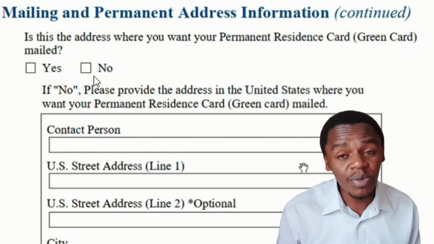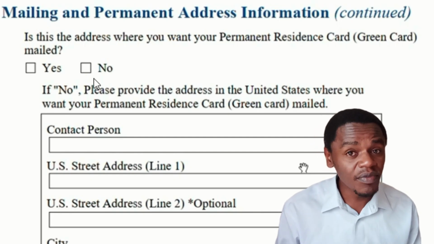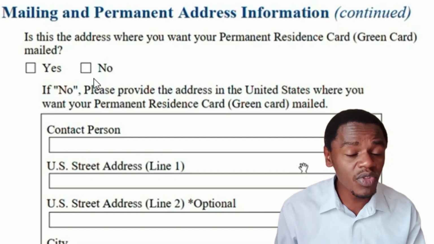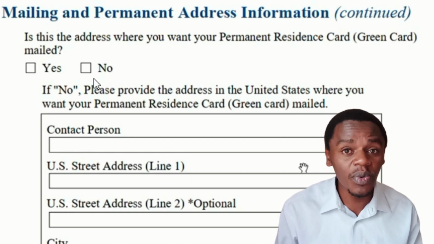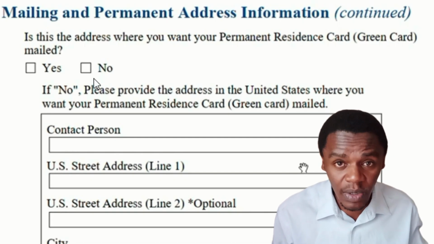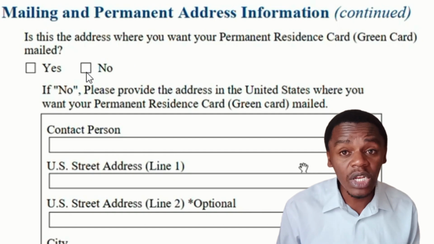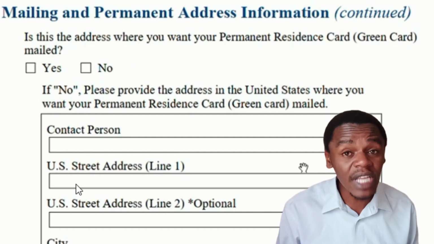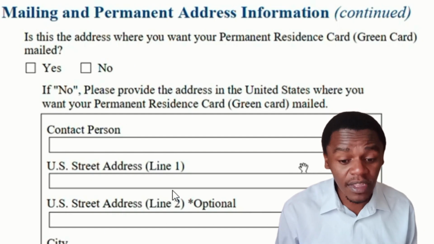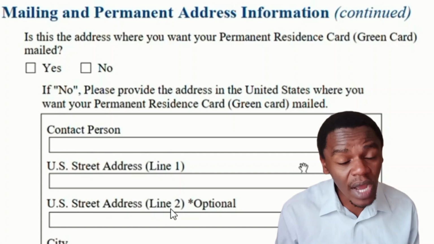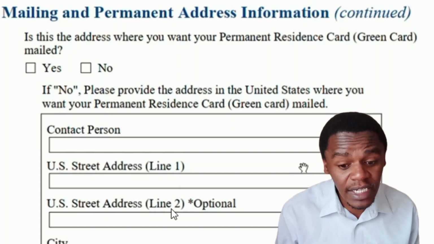So your answer should be yes. But if you have an alternative, maybe you've thought of something else and you want it to go to some other location, then you can say no and then fill in that address information in this box if you want your card to go to a different place.